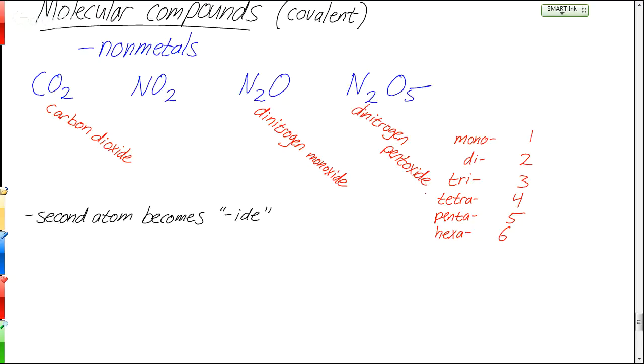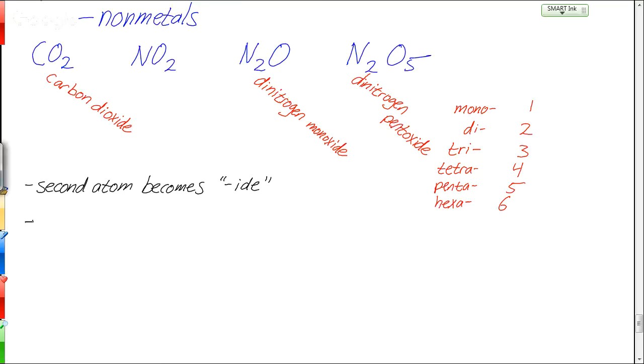The other thing that we drop is that mono prefix on the first atom if there's only one of them. So that's why carbon dioxide isn't monocarbon dioxide. It's just carbon dioxide. And so NO2 would be, anybody? Yeah, nitrogen dioxide.